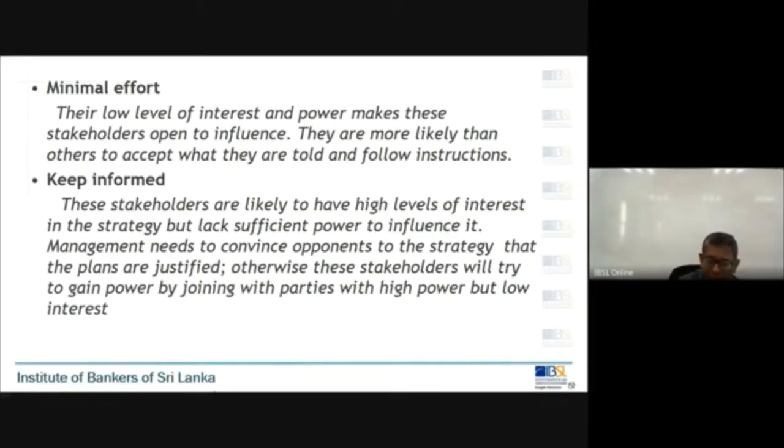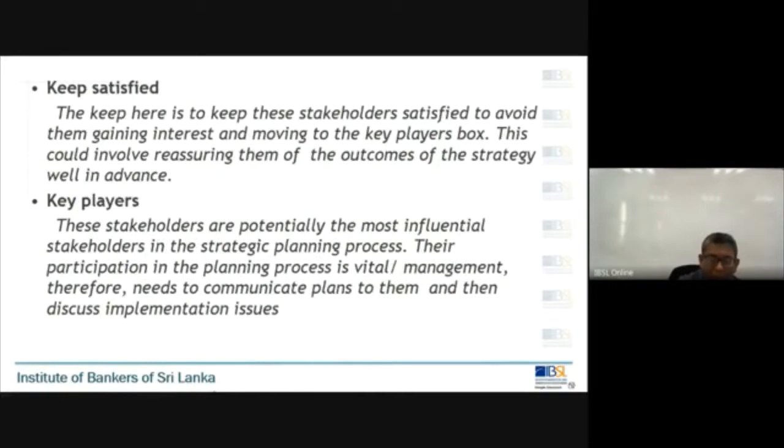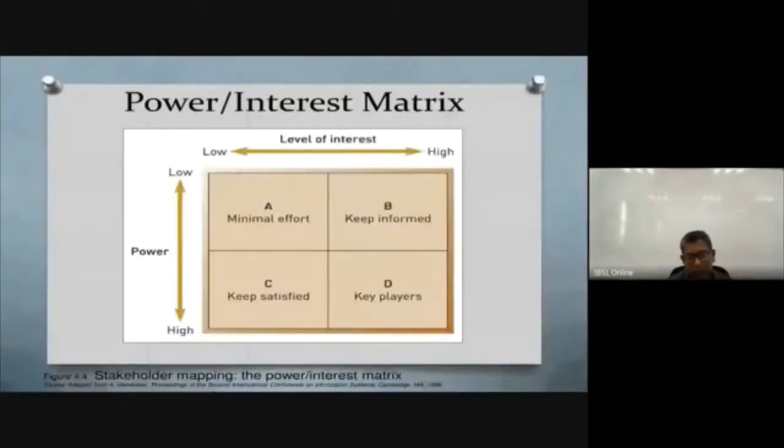Remember, this is the most influential stakeholder in the strategy planning process. So therefore, their participation in the planning process is vital management. So we may try to bring them into the implementation process, right?